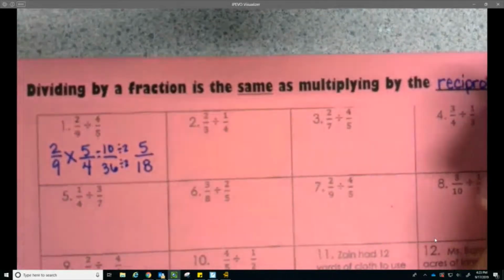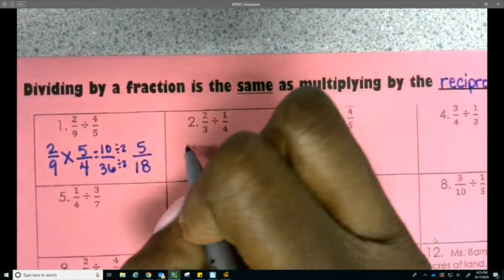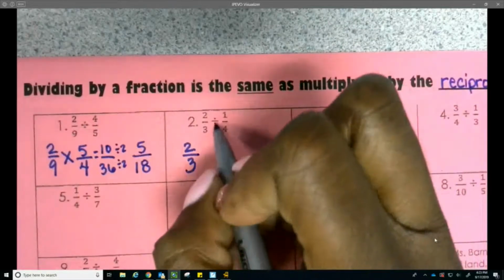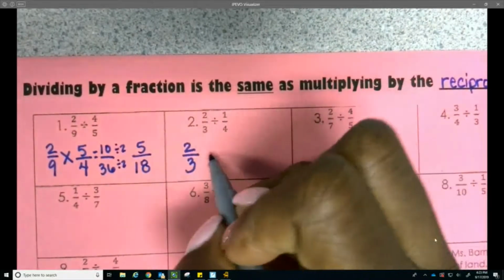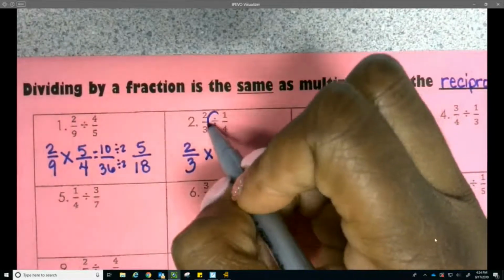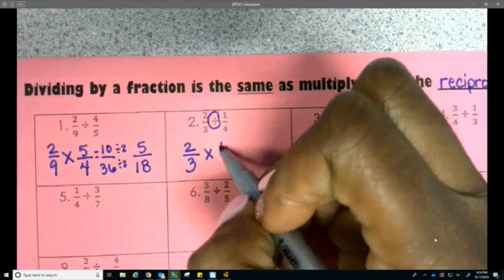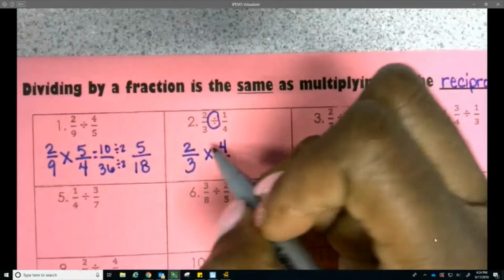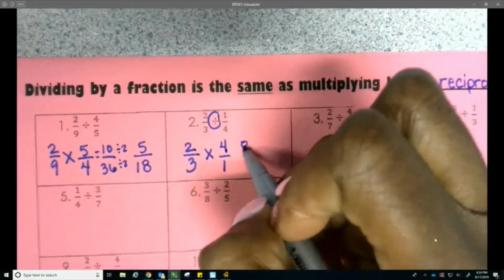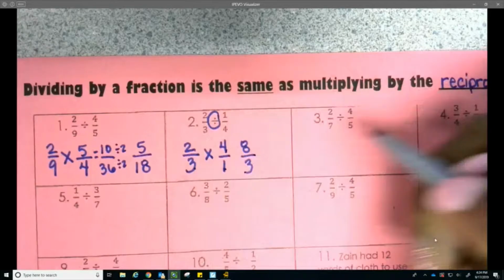Number 2 is 2/3 divided by 1/4. So I keep my first fraction. I change my division sign to a multiplication sign, and that's only for division. And then I take the reciprocal of 1/4, which is 4 over 1, and I multiply straight across. 2 times 4 is 8, and 3 times 1 is 3.